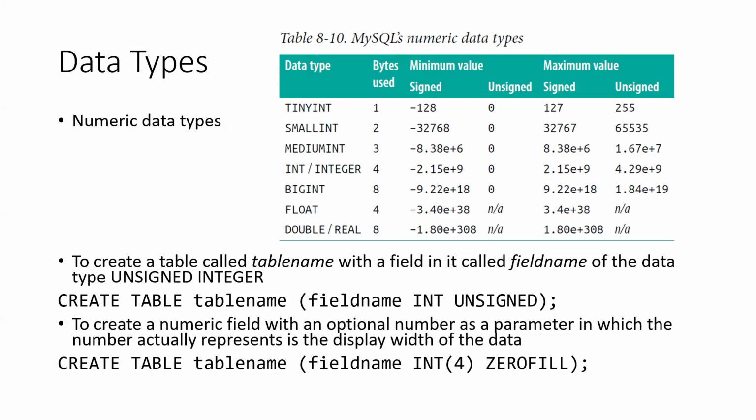That means you have to have 4 digits, and if the number is not represented, you have to zero fill. So 1 is represented as 0001. In that particular case, we can use a field name, int, the number within brackets, and then say zerofill. Okay, so that's about the numerical data type.